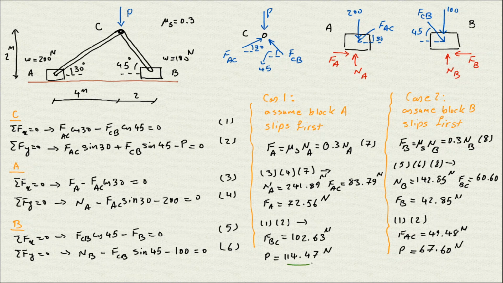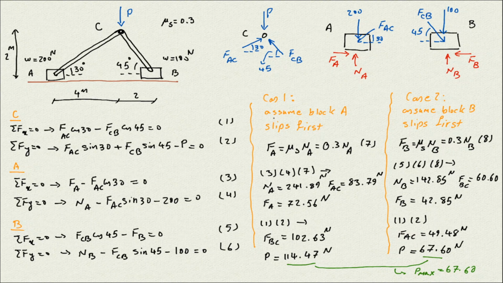So P max that I can use is 67.60 Newton, because by the time we reach 67.6 it starts to move, we never reach the 114 that we assumed.